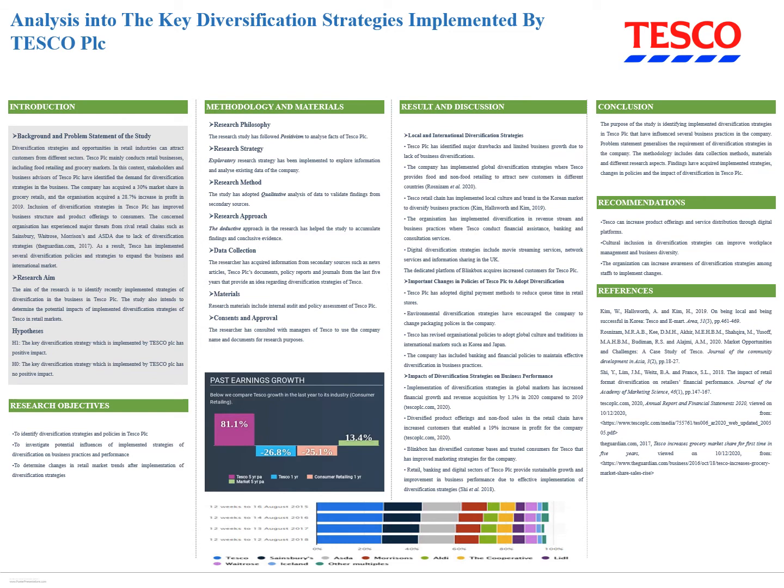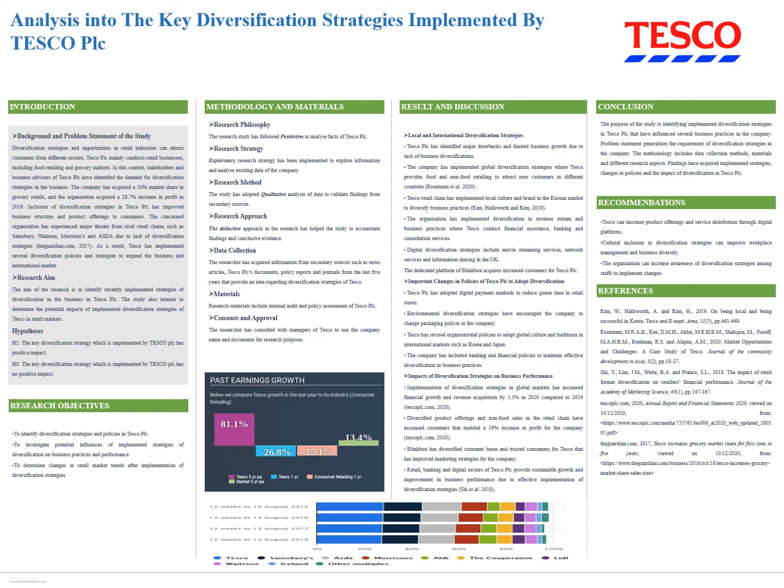And in the last part of this poster, I describe recommendations for implementing the key diversification strategies by Tesco Plc. First, Tesco can increase product offerings and service distribution through digital platforms.